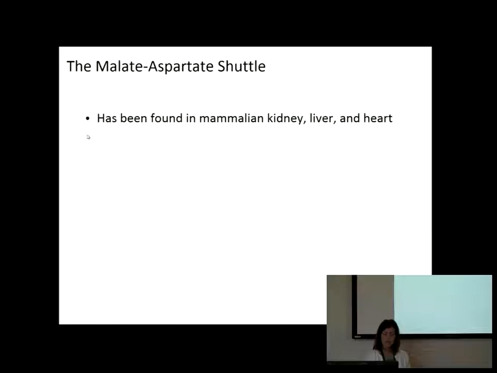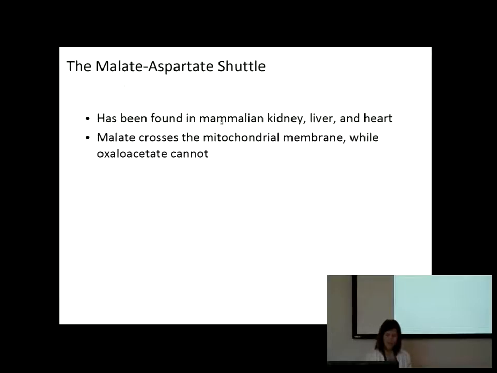The other shuttle is the Malate-Aspartate Shuttle. It's not as widespread as the Glycerol-Phosphate Shuttle, but it's found in kidney, liver, and heart, and it's much more efficient because the electrons from NADH are transferred to another NADH in the matrix.